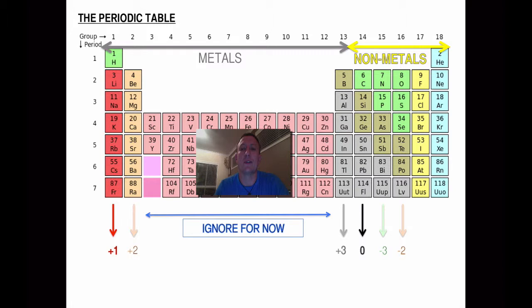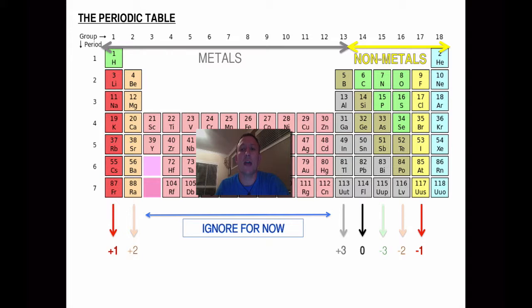As we move further to the right, it takes fewer electrons to fill up the outer shell. So group 16 consists of the 2- ions. They require 2 electrons to fill their outer shell. So oxygen becomes O2-, sulfur becomes S2-, selenium becomes Se2-. The last group here, group 17, only requires 1 electron to fill their outer shell.